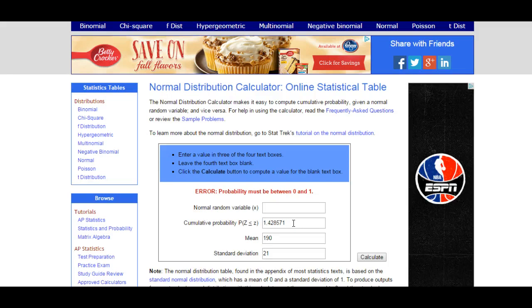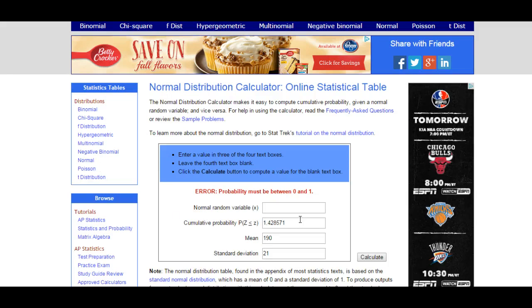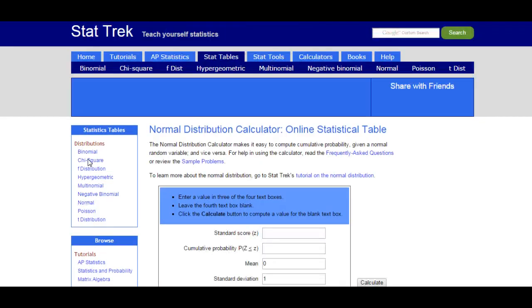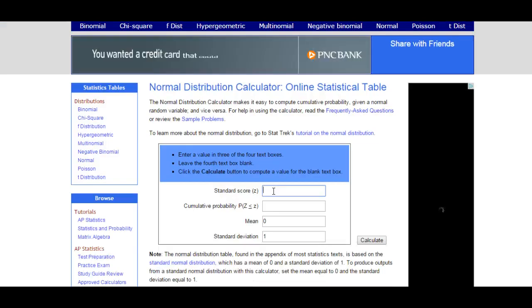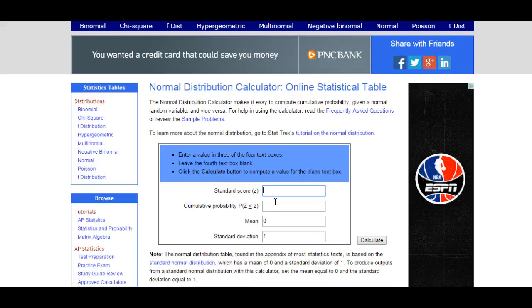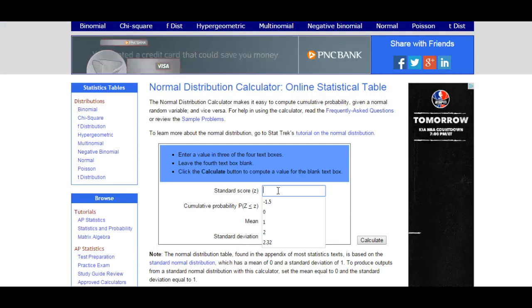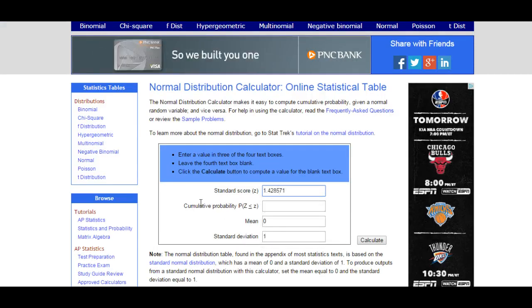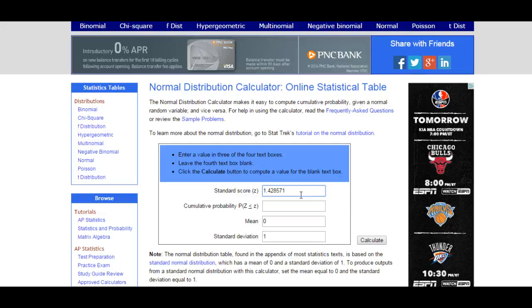That's the probability. All right, so let's start over with the normal. I'm going to copy and paste this. Sorry, I'm not proficient at using this calculator yet. Okay, normal. So we want the z-score, and we're trying to get the probability that z is less than or equal to our z-score. Our mean is 190, and our standard deviation is 21. So finally got it typed in right.